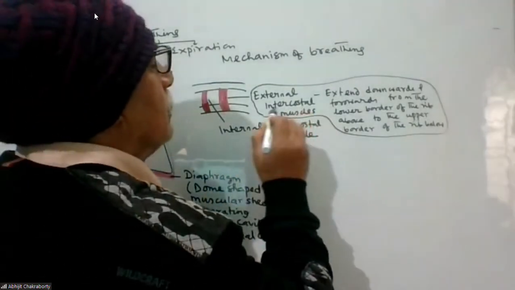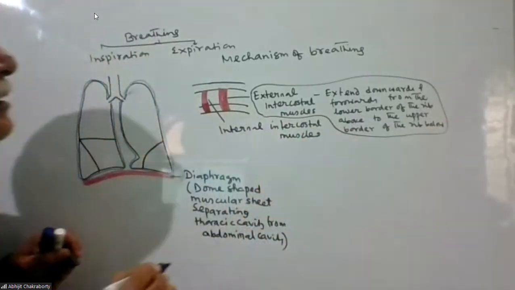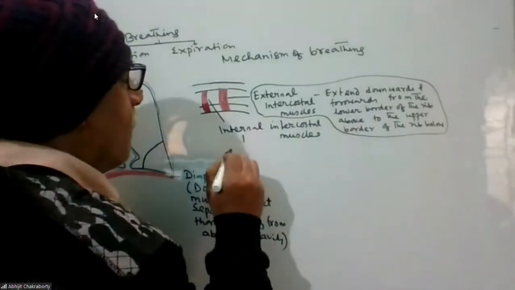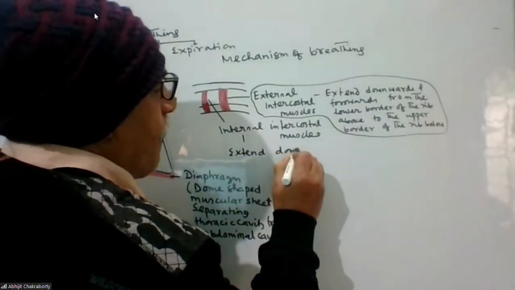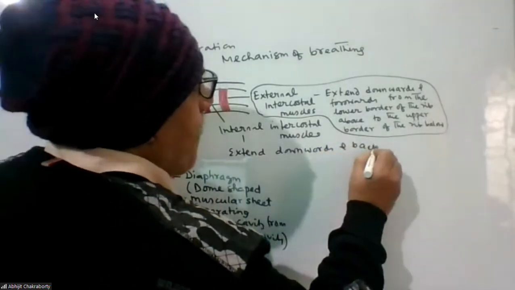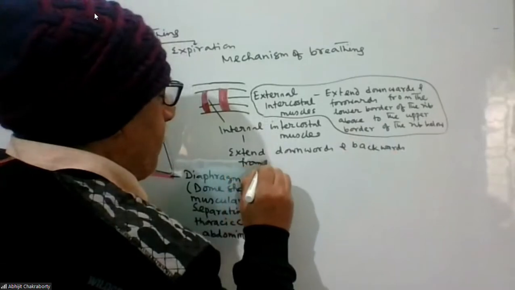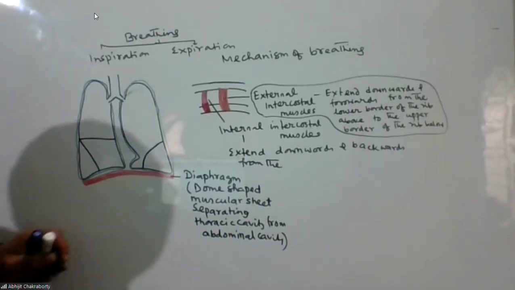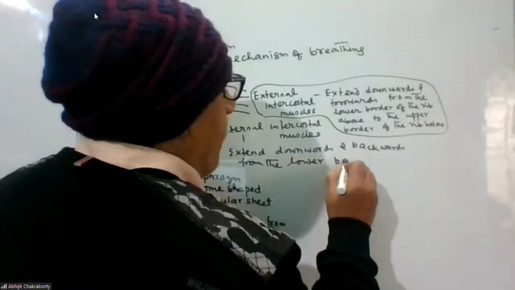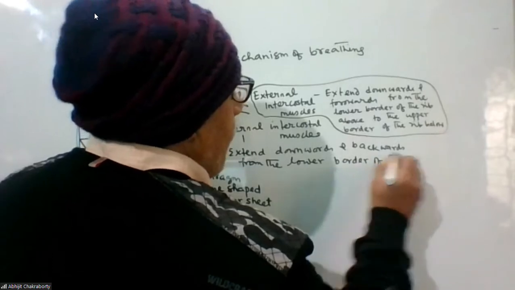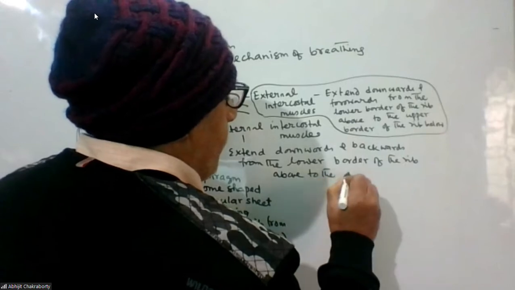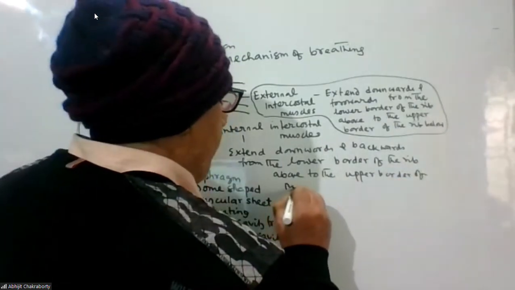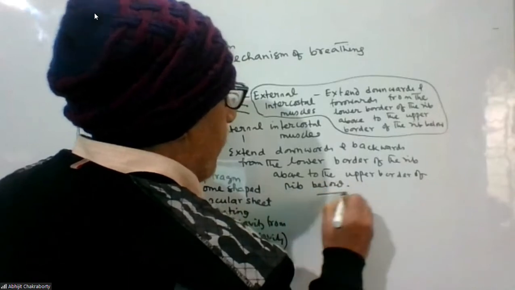External intercostal muscles. Internal intercostal muscles extend downwards and backwards from the lower border of the rib above to the upper border of the rib below.